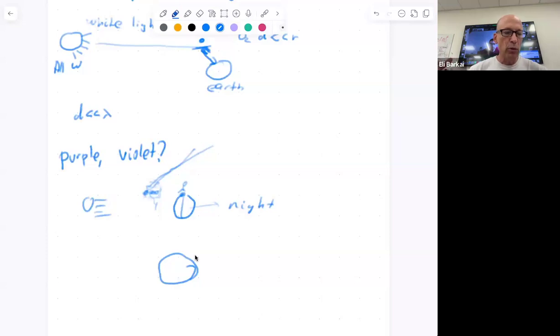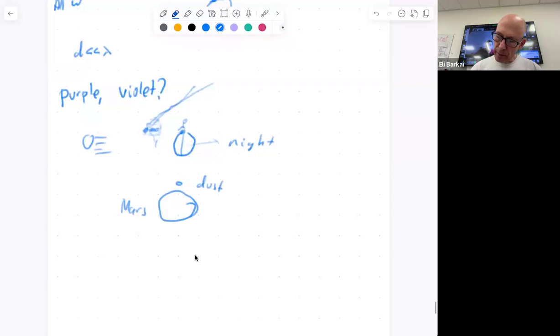These small molecules manage to escape, but the heavier particles, which are the dust particles, remain. So you have this dust. This is Mars. And now what happens is that D, which is the size of these dust particles, is of order lambda. Our theory is invalid.